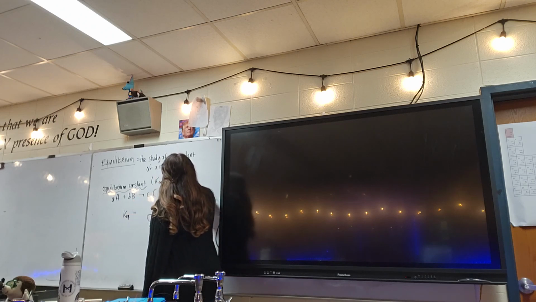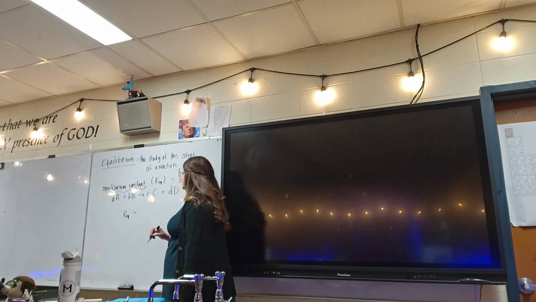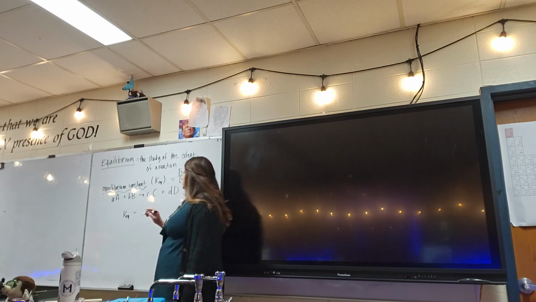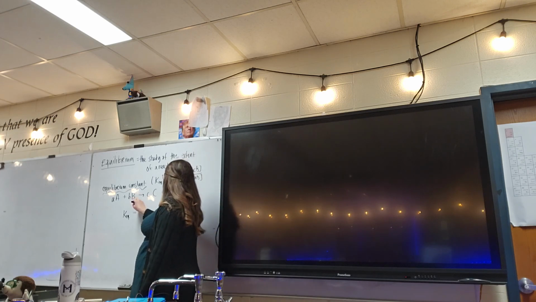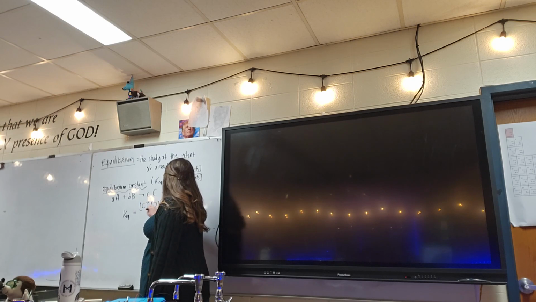K is always the concentration of products divided by the concentration of reactants. And we'll talk about what this numerical value means in just a moment. For this generic chemical equation, K can be written the same way for every single equation by doing this.